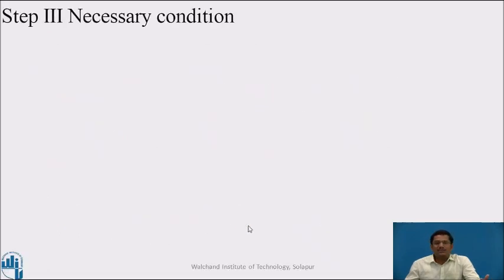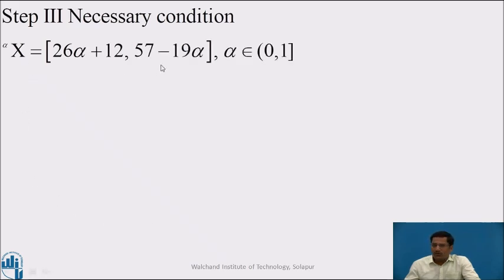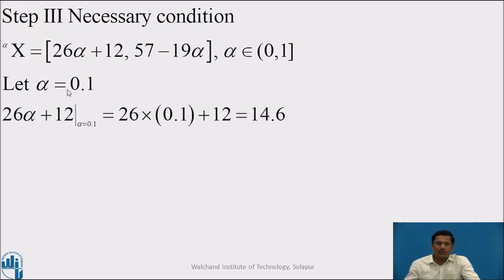Now the next step, number 3, is to check whether the alpha cut of x satisfies the necessary condition or not. This is our alpha cut of x. Now we will verify the necessary condition. Let us take an arbitrary point, alpha equal to 0.1, from this range. Here I have taken 0.1; one can take 0.2, 0.5, 0.9, or any number in this range. Now calculate the values of the initial and end points at alpha equal to 0.1.